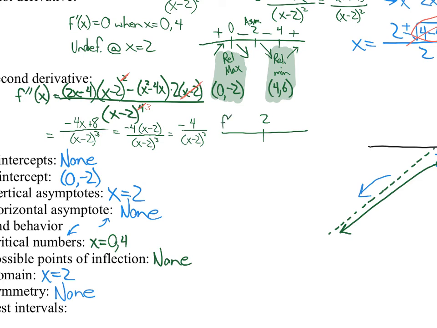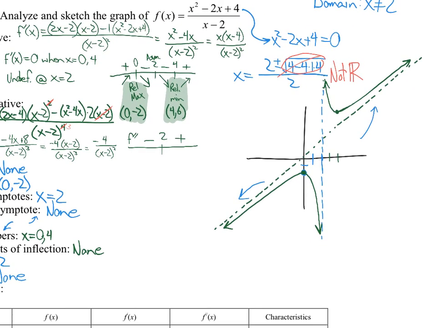And if we tested the second derivative, it would be negative to the left and positive to the right. And that's why we have it concave down to the left of the asymptote, and concave up to the right of the asymptote. Okay, so you can still do the sign diagram, you just use discontinuities along with anything that makes it 0 or undefined. Here it's undefined because of the denominator.